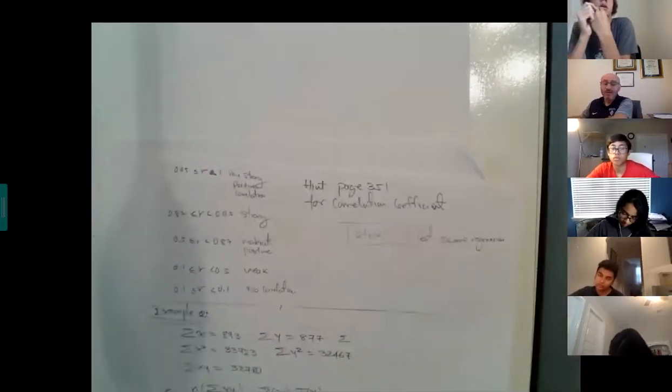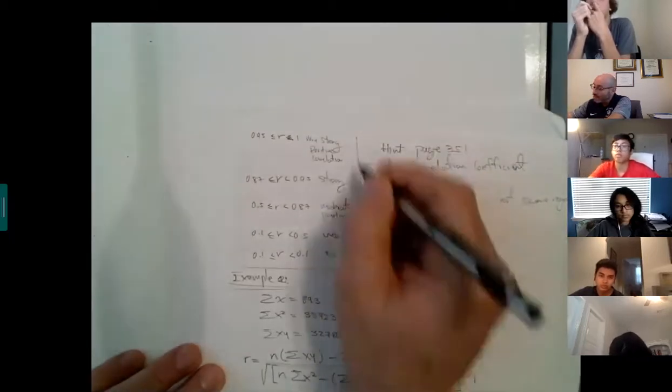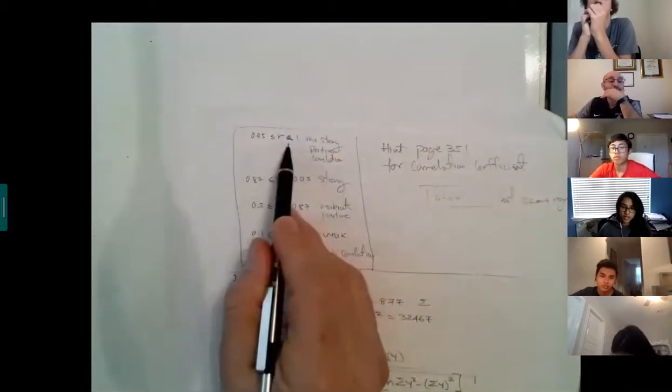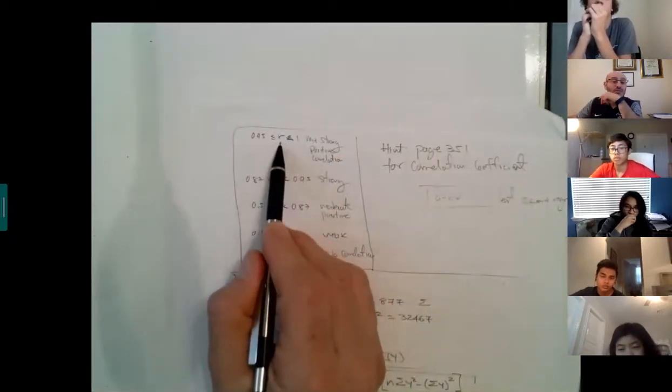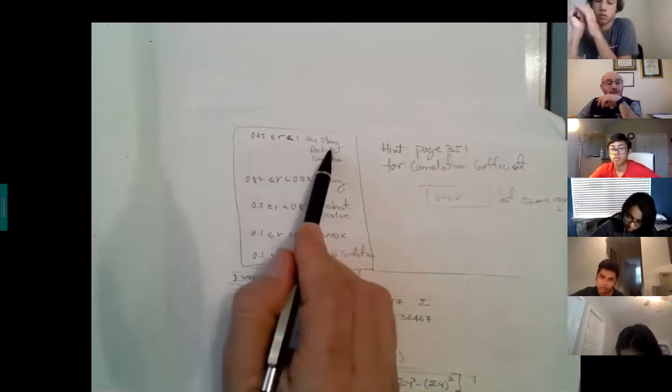there is actually these intervals. I just looked into the other HL book, and that book in particular gives us these intervals. So if the coefficient is between 0.95 and 1, it's very strong.